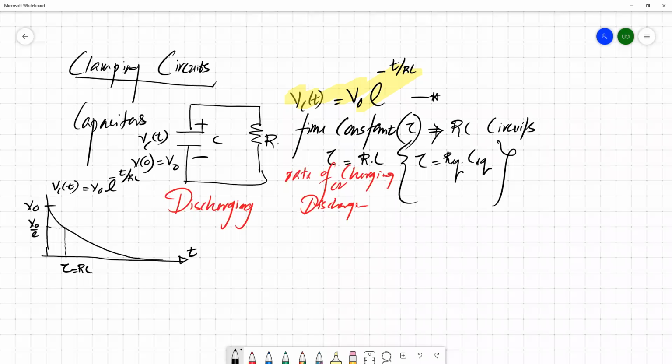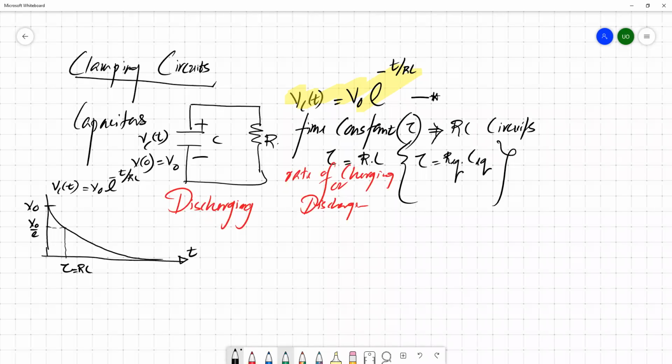Once you replace t with RC, our time constant, you can easily evaluate the voltage at that point. So at the time constant, the voltage across the capacitor is V naught divided by e.